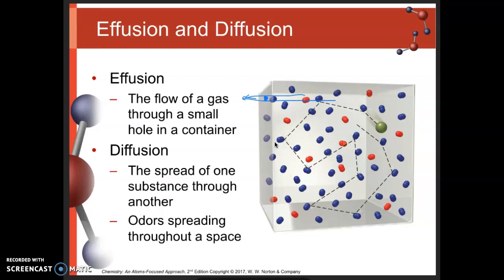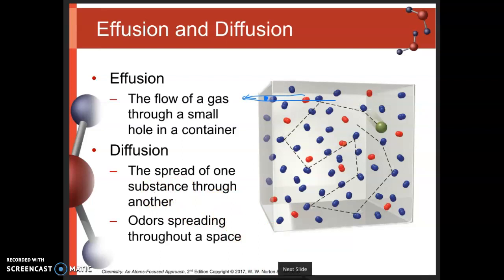You can tell pretty quickly if the cookies start to burn because the bad smell of the smoke would diffuse from the oven where the cookies are on fire to the other parts of the house to let you know that something's not right. So that's diffusion, the spread of a gas in all directions going through an entire space.